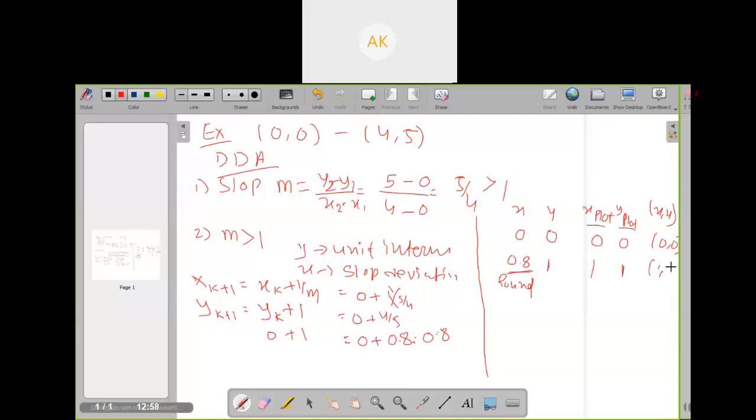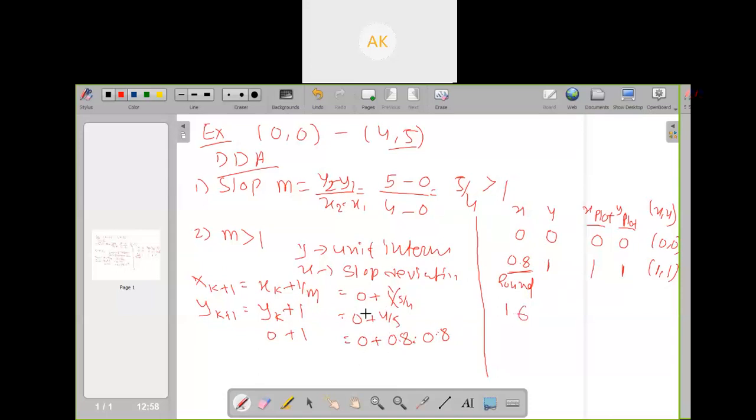The plotting point will be 1, 1. Next, calculate the next point till you reach the last point 4, 5. The next x value will be xk plus 1 by m.